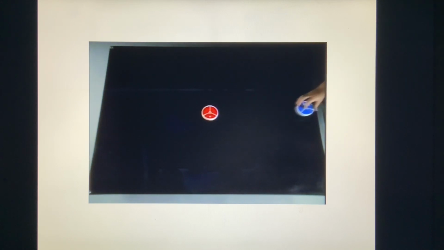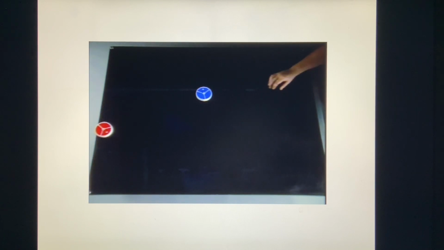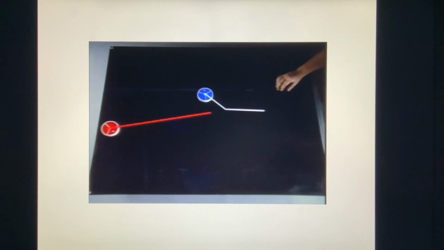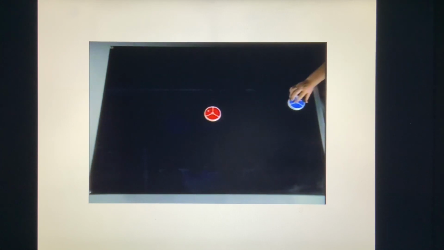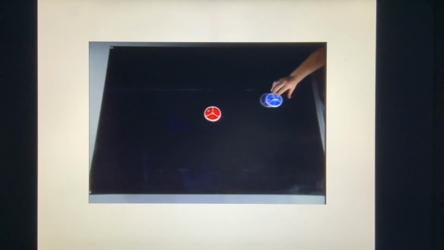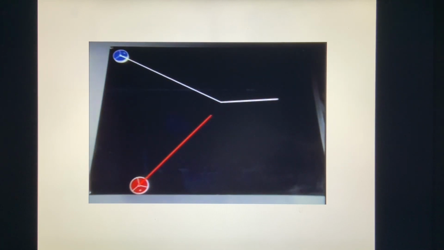This is a collision where the puck strikes slightly off-center. This time the puck strikes even farther off-center. Notice that after an off-center collision, the pucks move off at approximately 90 degrees to each other.